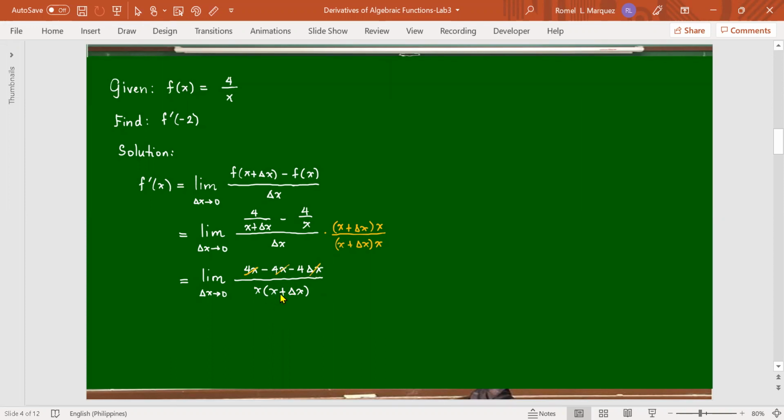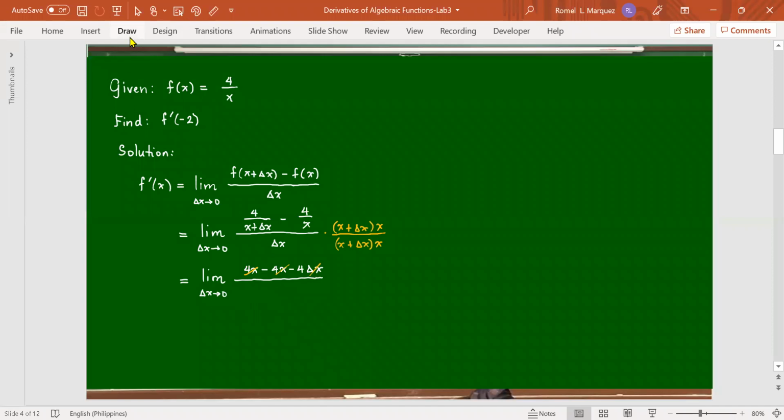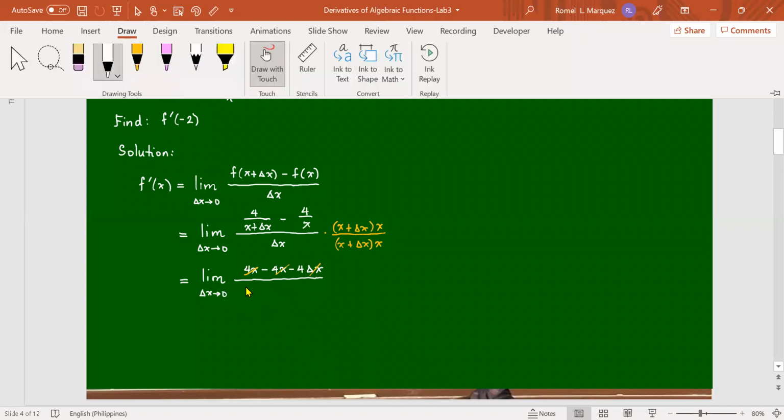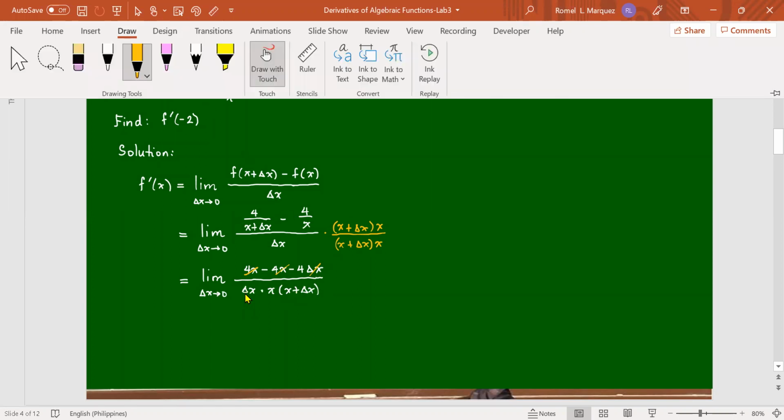And delta x is cancelled with what? With the delta x. I think I missed the delta x here. There is another factor in the denominator, so that is cancelled with this.